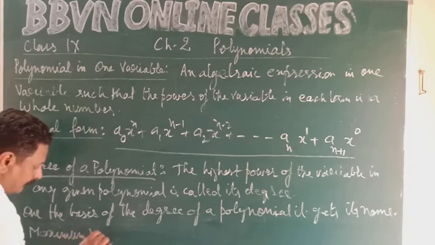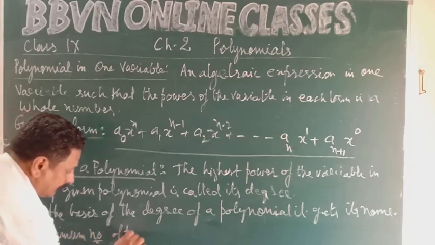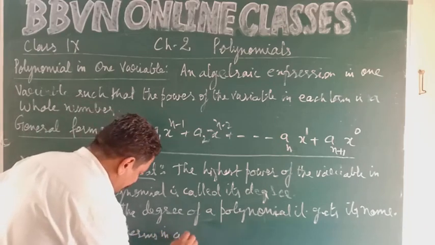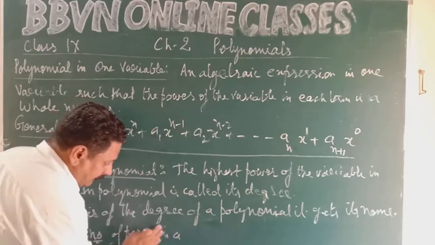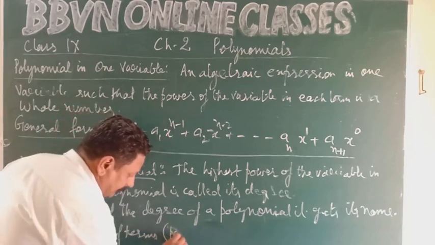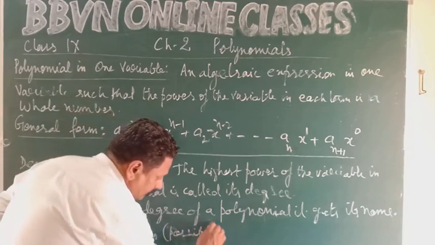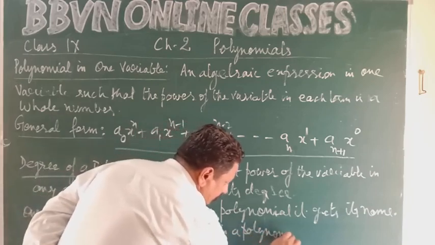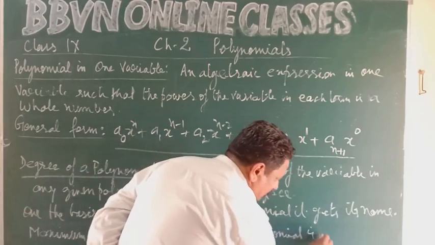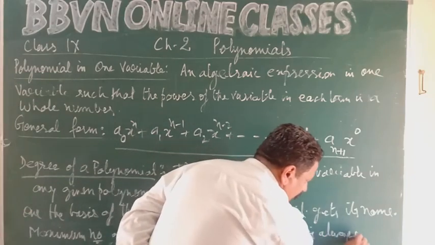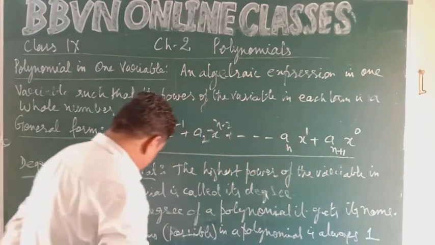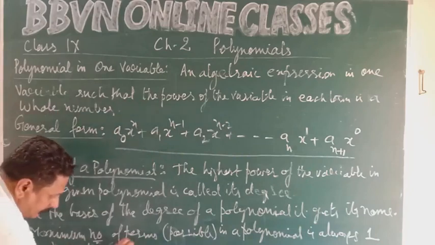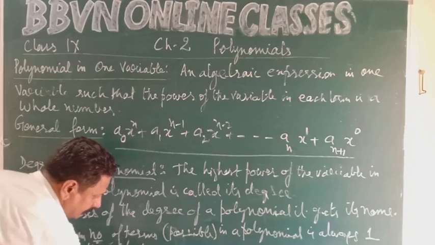In a polynomial, the maximum number of terms possible in a polynomial is always one more than its degree.